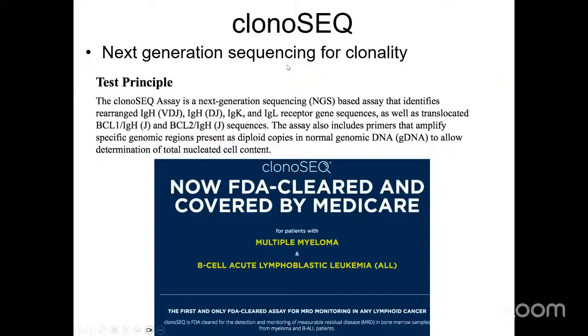Because you can sequence it, you can also do minimal residual disease testing that way. And it is now FDA cleared for at least multiple myeloma and B lymphoblastic leukemias. And some of our clinicians will do it routinely when flow cytometry is not helpful.